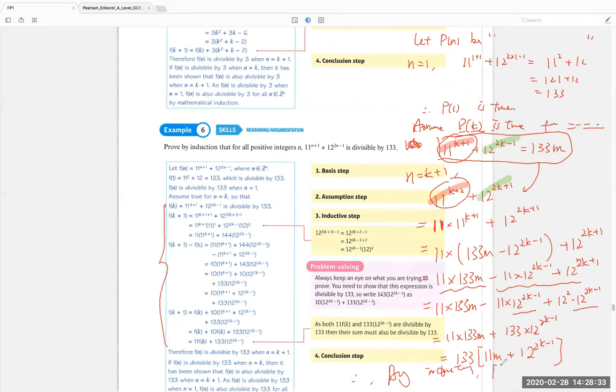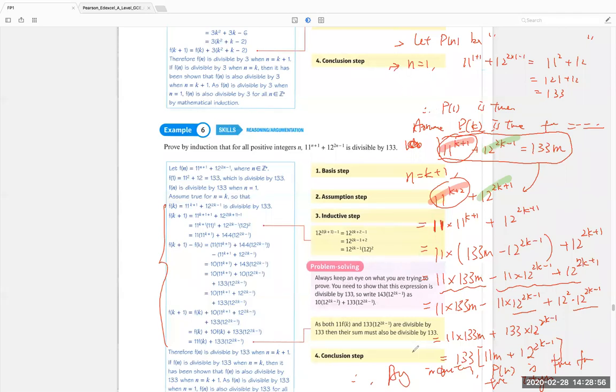And then Pn is true for all positive integers. So don't we first write that P holds true? The first step, let Pn be the statement. The second step, prove that n equals 1 is true.